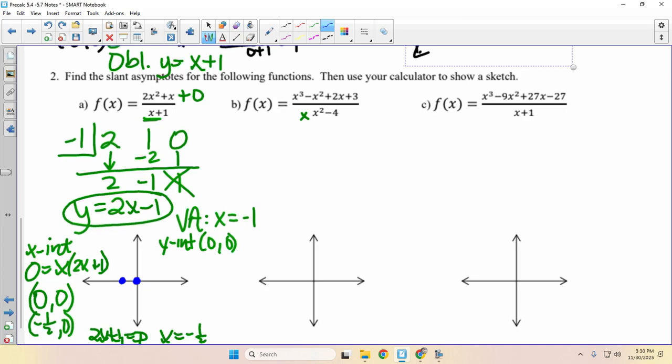We have a vertical asymptote at x equals negative 1. And a slant asymptote at 2x minus 1. So you start at minus 1 and you go up 2 over 1.